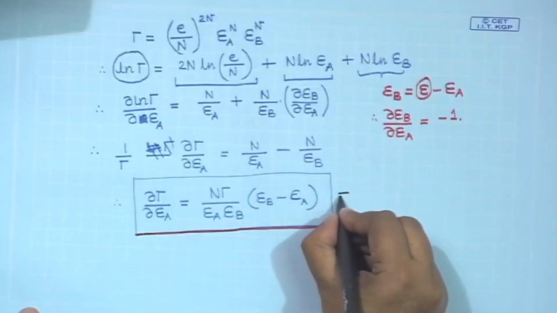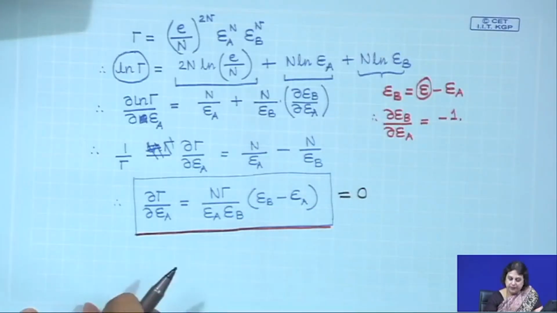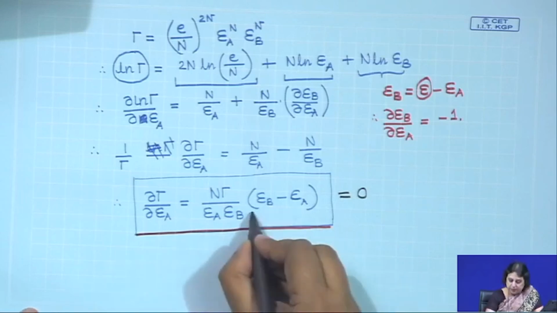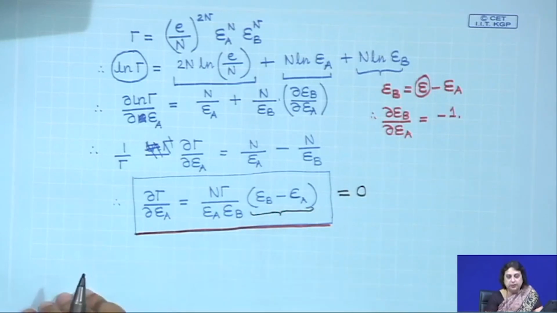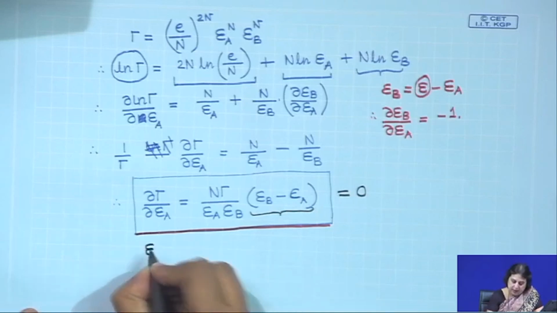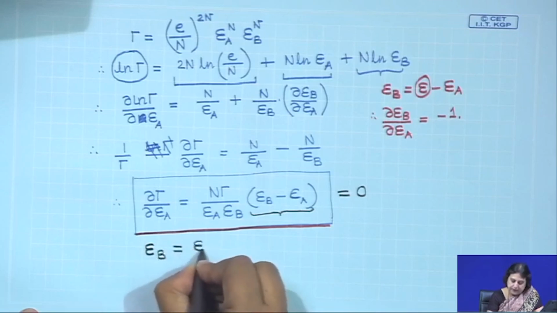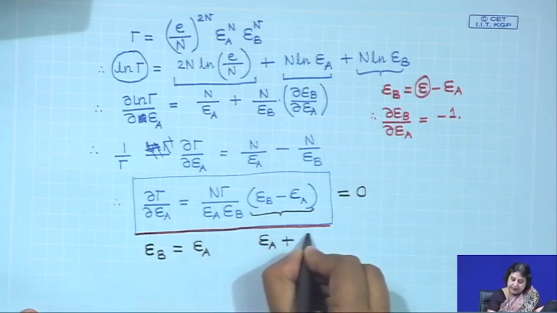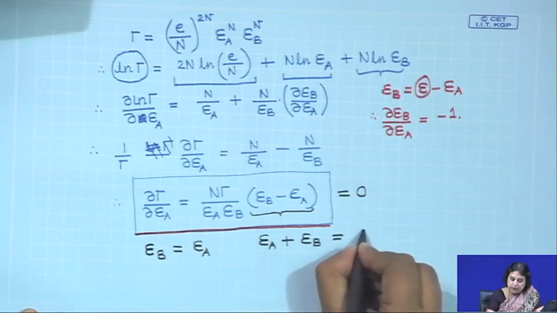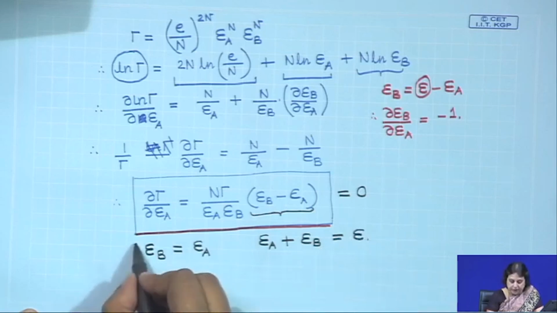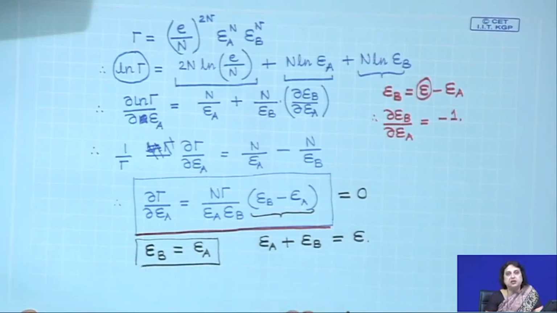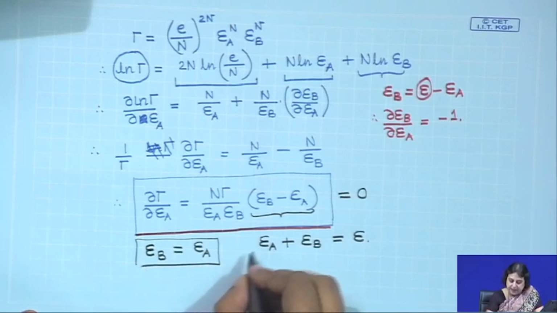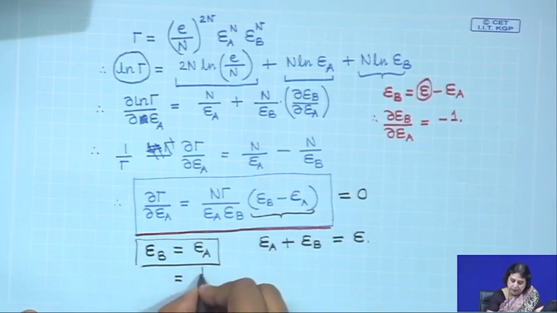So, let us look for the condition when this quantity is equal to 0. Now, this quantity can become equal to 0 only when epsilon B is equal to epsilon A. Now, I know that epsilon A plus epsilon B is equal to some constant energy value. Therefore, when each of the subsystem energies becomes equal, each must be equal to half of epsilon.